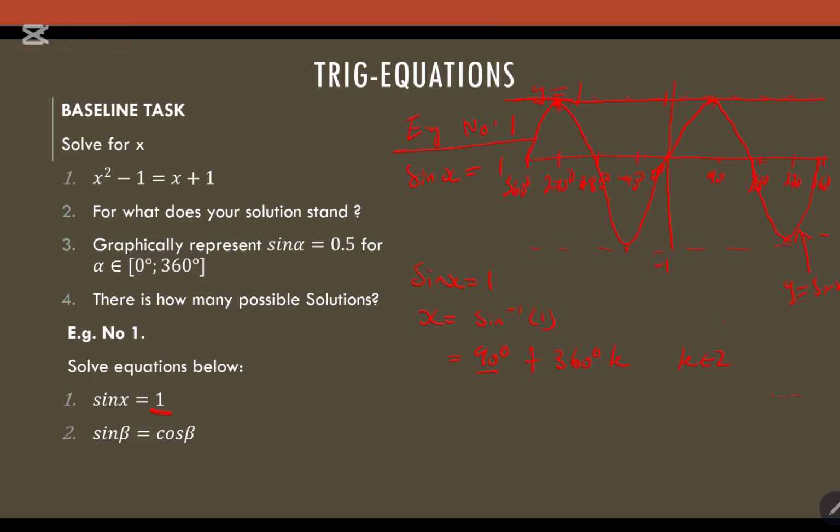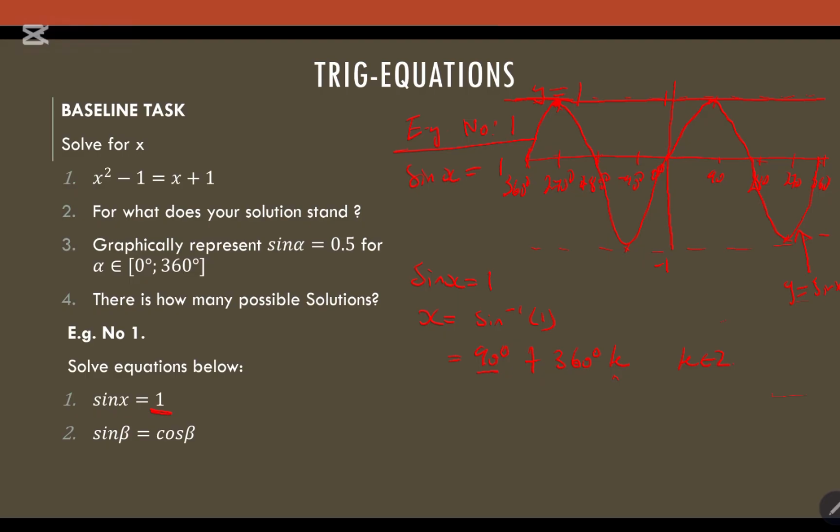This just represents whenever the graph goes back to the first quadrant, depending on the number of revolutions that it has completed. If we replace k with 0, it means that this is within the first revolution. We replace k with 1, it means that this is within the second revolution. When the angle completes the second revolution, then we'll be able to find the point of intersection between these two graphs in the first quadrant.